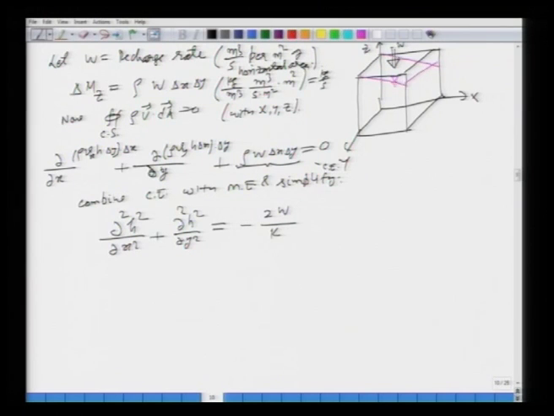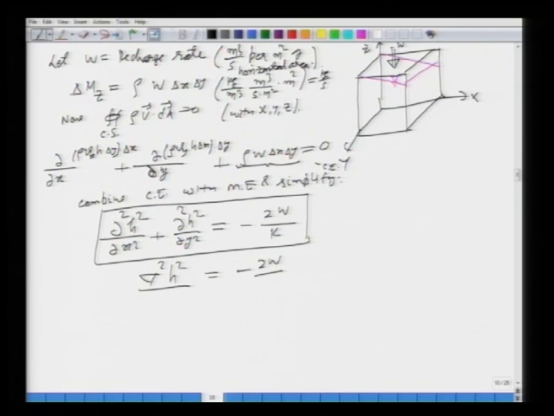So, this is our governing differential equation, and in short we can say del 2 H2 is equal to minus 2 W over k, where W is the recharge rate.